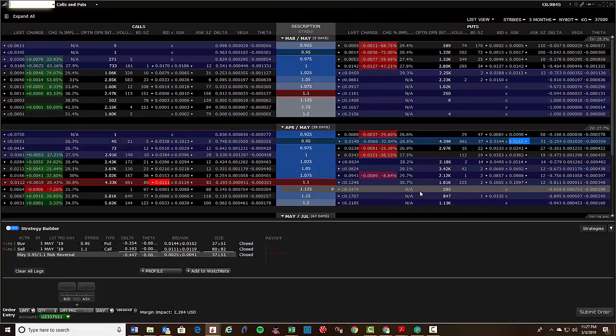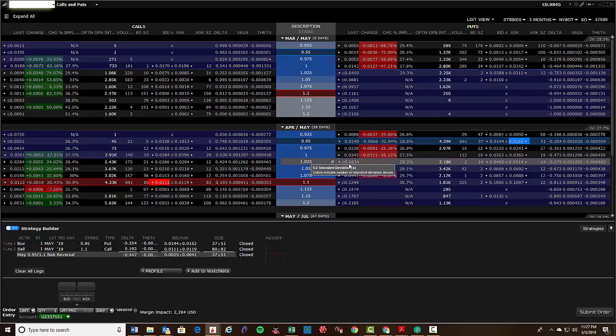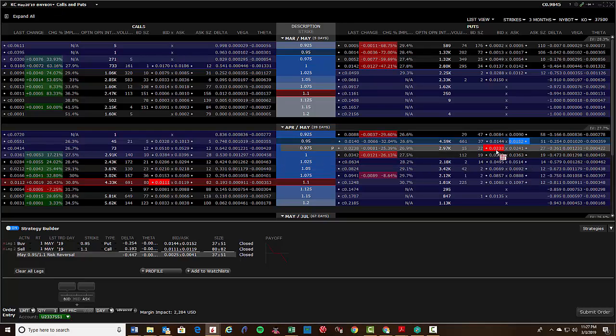Okay, so looking at coffee, currently we're at $1, okay? And you can see calls and puts are priced very similarly here at this level, okay? Now, what we like here is the skew on the options. And what you can see is a put 5 cents out of the money is trading bid 144, asking 152.